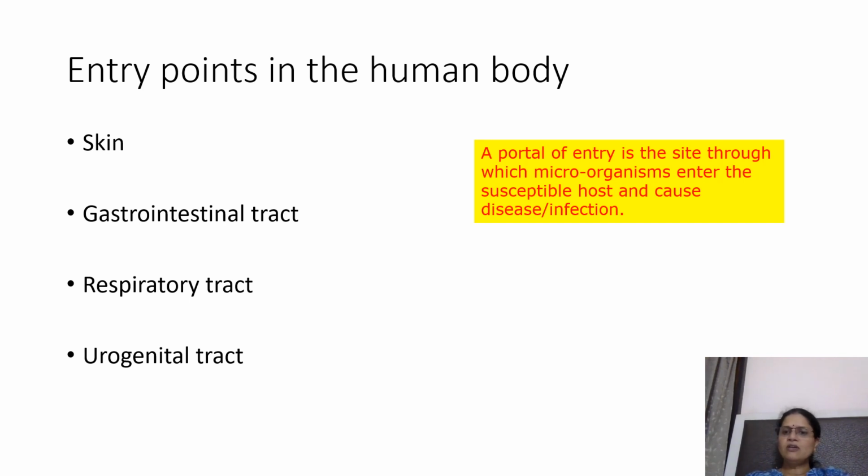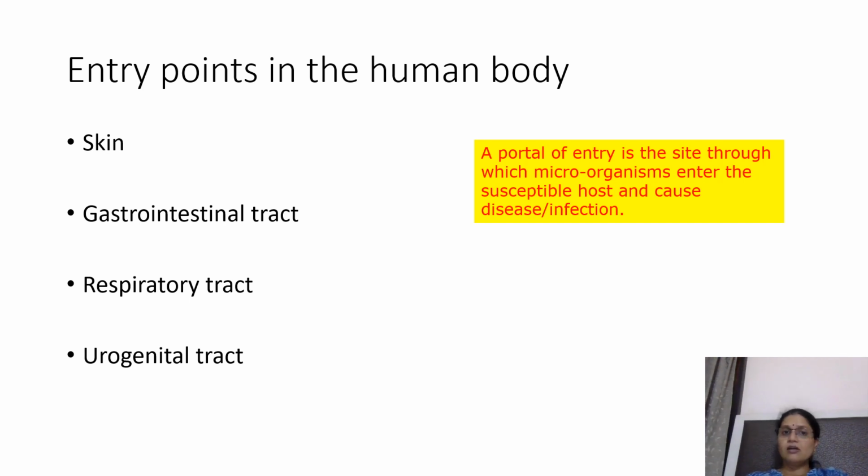When this influenza virus enters through the nasal route, that is through the nose, it causes the disease flu. Whereas if it enters through skin, then it cannot cause the infection. So that is what I mean by saying that the portal of entry is restricted for a particular pathogen.